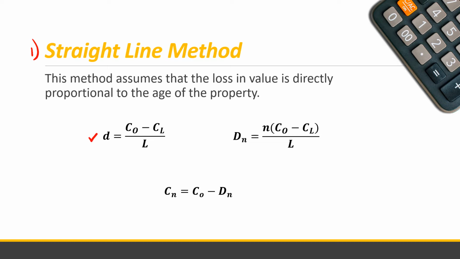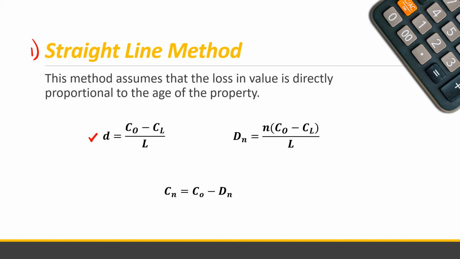D, or the depreciation every year, is the original cost minus the cost or value at the end of its life, over L, where L is the lifespan. So D sub N is N times (C sub O minus C sub L) over L.